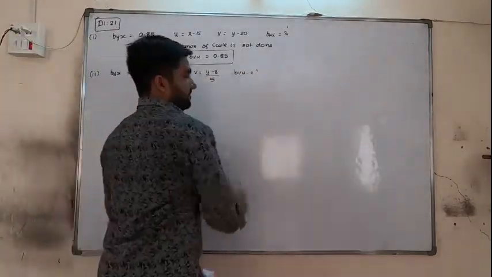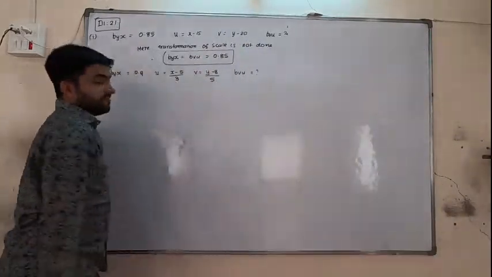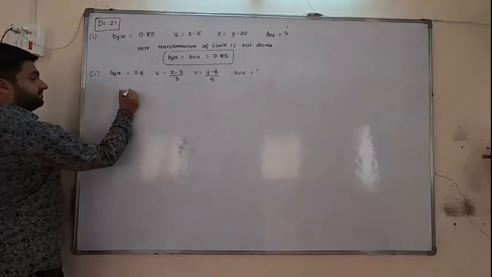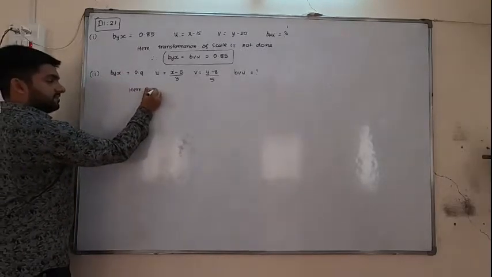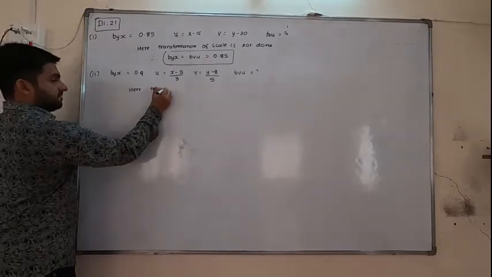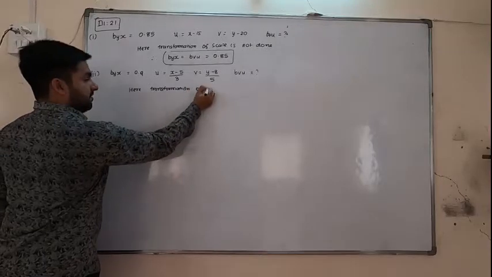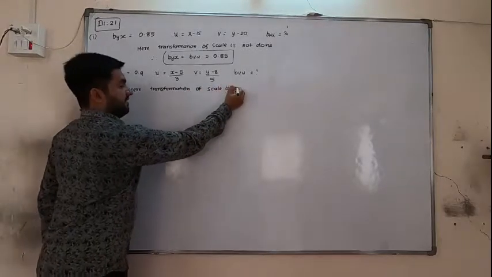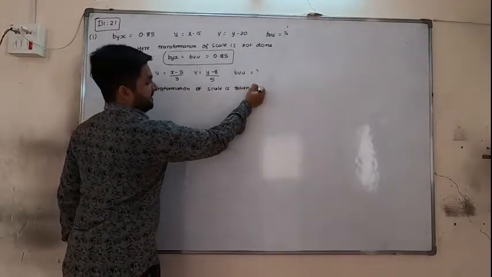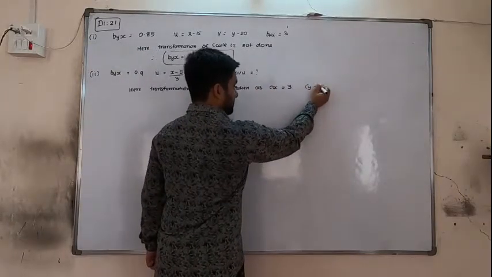Now here transformation is done because 3 and 5 are divided. So here transformation of scale is taken as Cx is equal to 3 and Cy is equal to 5.